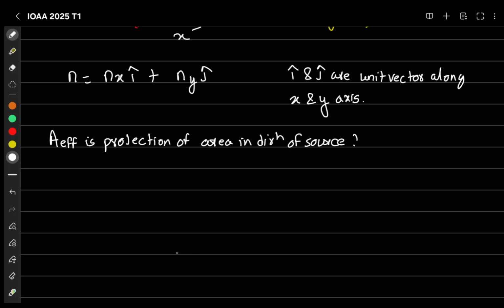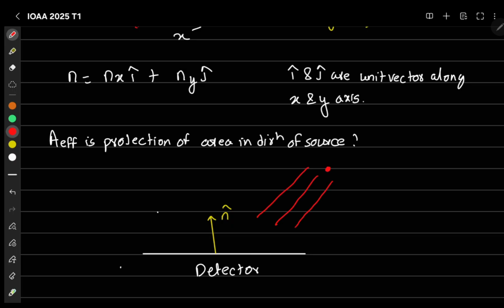For example, this is my detector, this is my unit normal vector, and a source is present here, and this is the direction of the source.